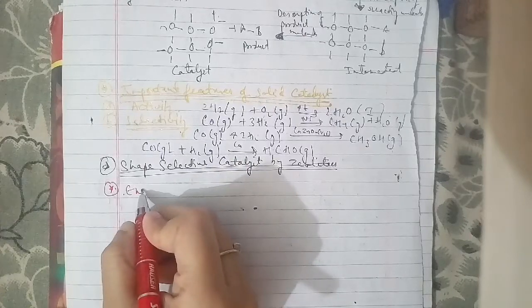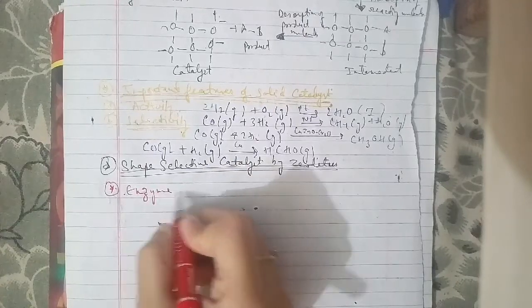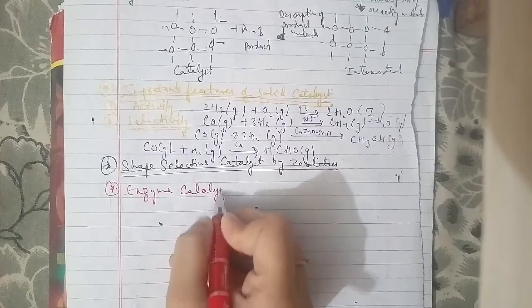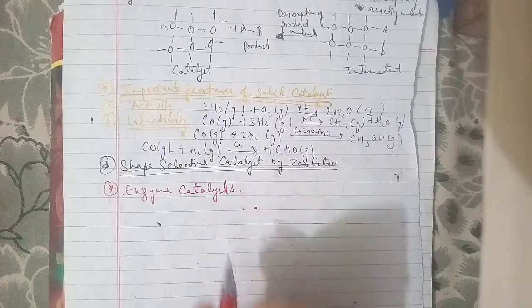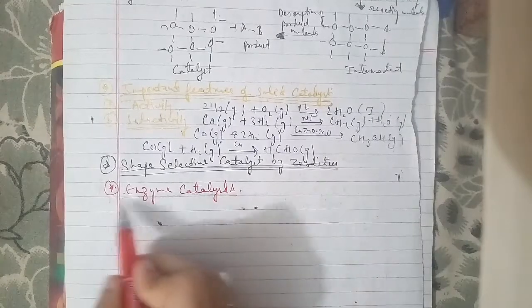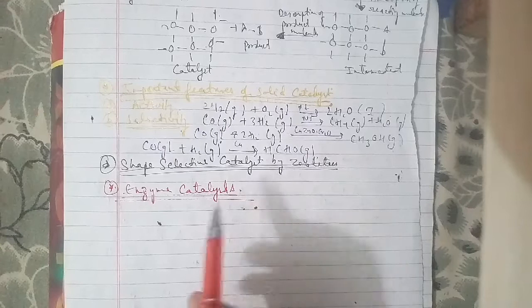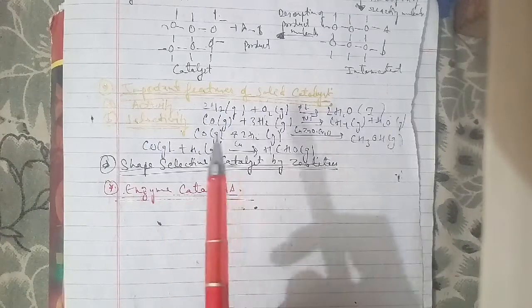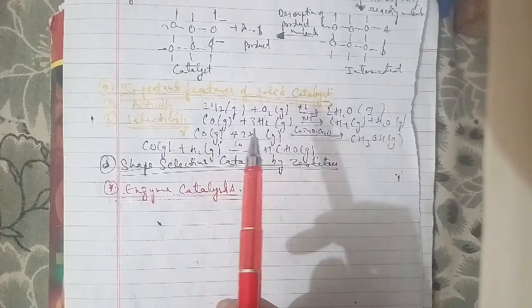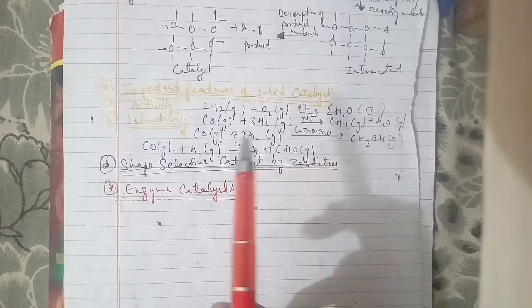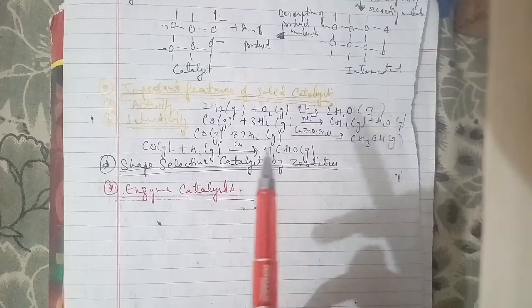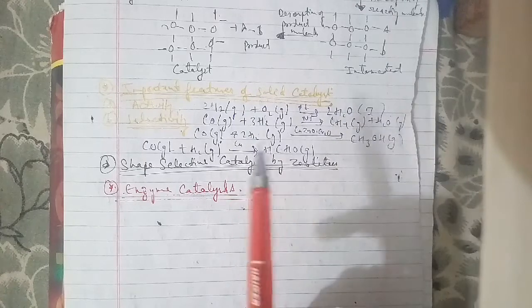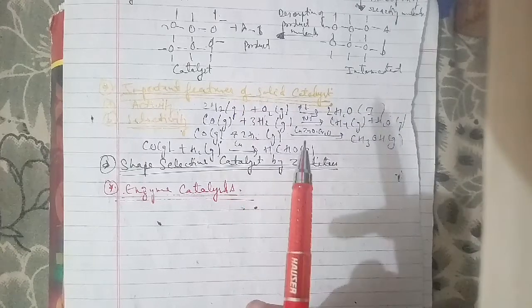So enzyme catalysts are also an important one. Enzymes are complex nitrogenous organic compounds which are produced by living plants and animals. They are actually protein molecules of high molecular masses and form a colloidal solution in water, and they are very effective catalysts, catalyzing numerous reactions, especially those connected with natural processes.